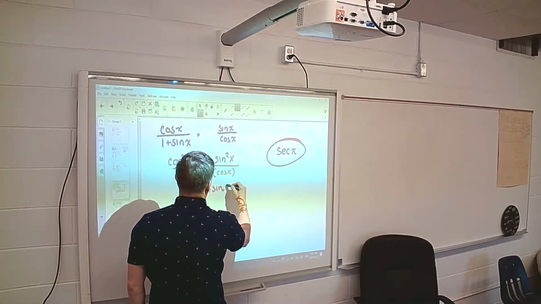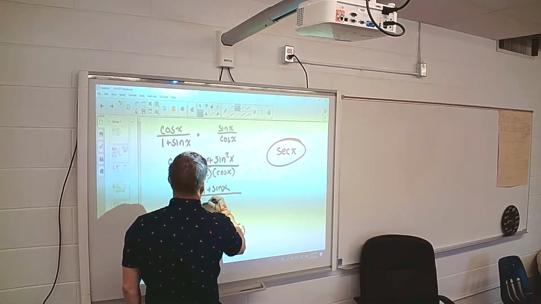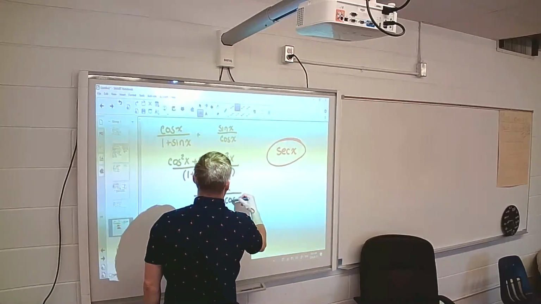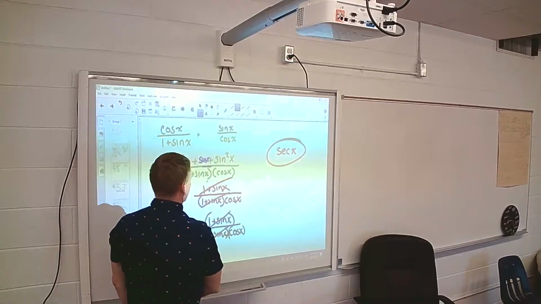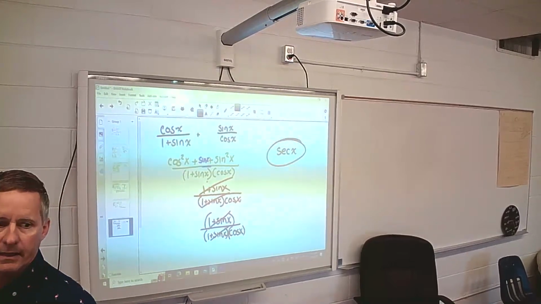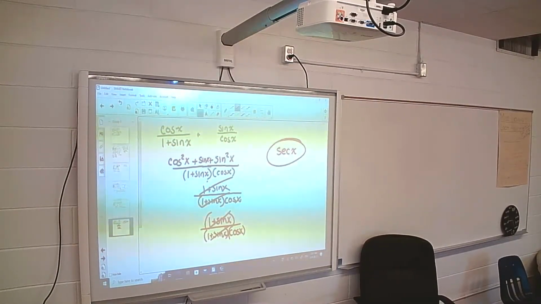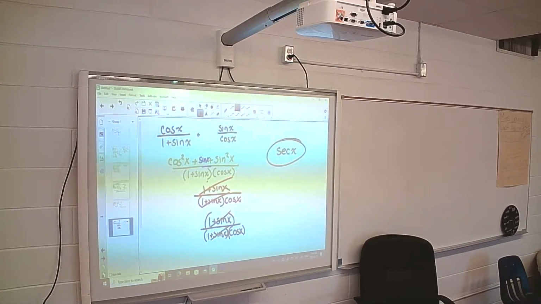Okay, so what we're learning about this, which is fantastic, is that it can be complicated, but if you recognize something as simple as sine squared plus cos squared, it's a 2-step question. It makes it a lot simpler.